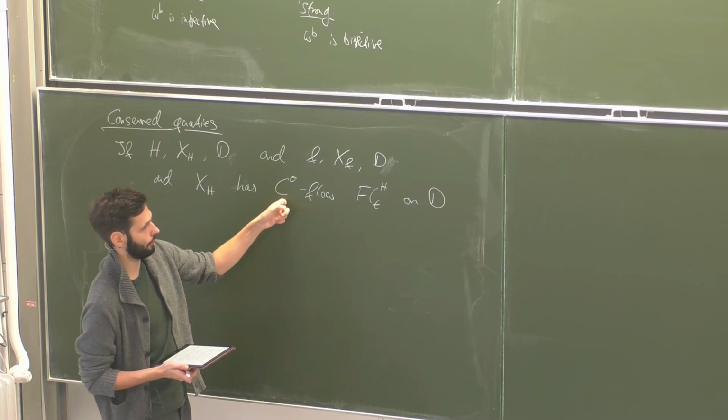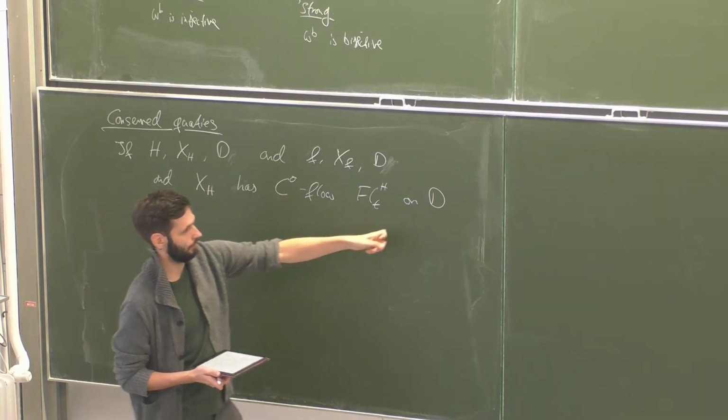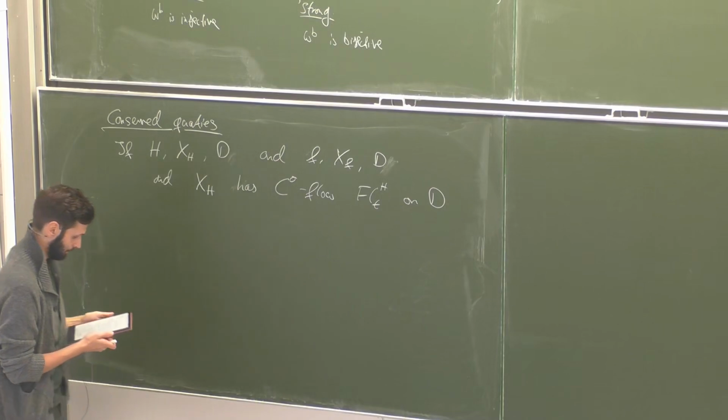And zero flow here means that the natural map from R times D to D is continuous.